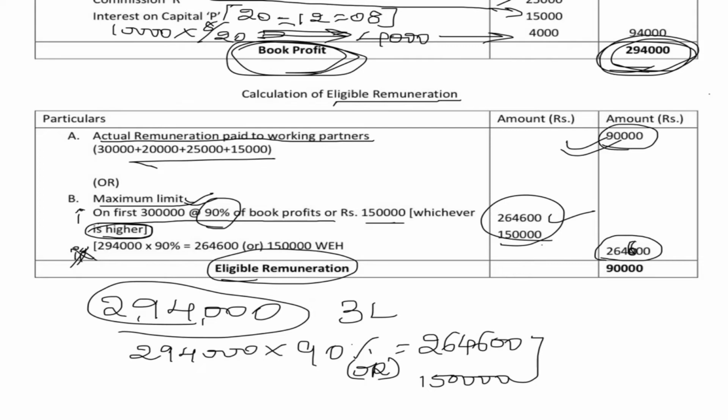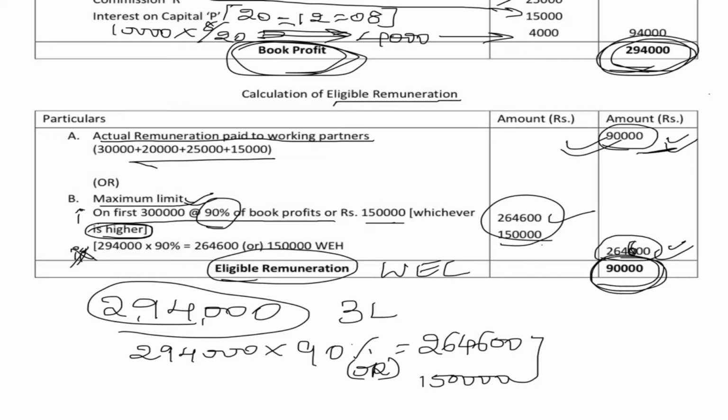So you will compare actual remuneration with the maximum limit. Here we have actual remuneration of 90,000 and maximum limit of 2,64,600. Since 90,000 is the lower value, your eligible remuneration will be 90,000.